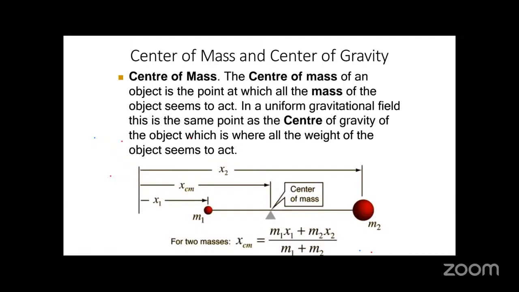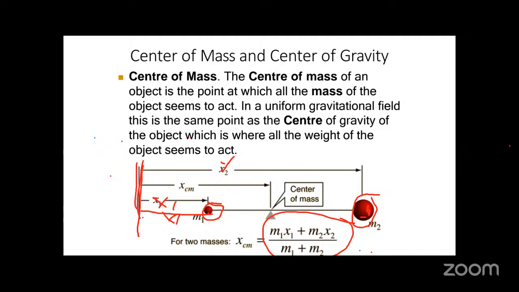So we have here mass 1 and mass 2. Mass 1 is x1 from the origin. This is the origin, the starting point. So from here to here is x1. Then mass 2, from where it is to this is x2. So our center of mass is given as m1 x1 plus m2 x2 over m1 plus m2.